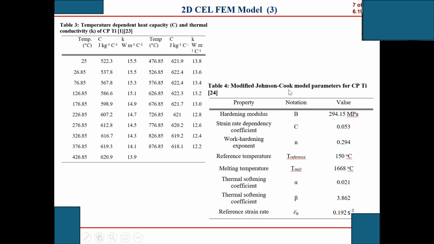And then we use the Johnson-Cook model to describe the material behavior for this CPTI. So this is the Johnson-Cook model, right? And A, B, C, all these are the parameters for the Johnson-Cook model. After this one, I'm going to show you the paper and tell you something about the mathematical expression.